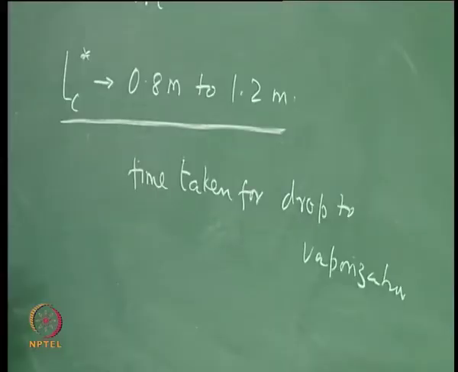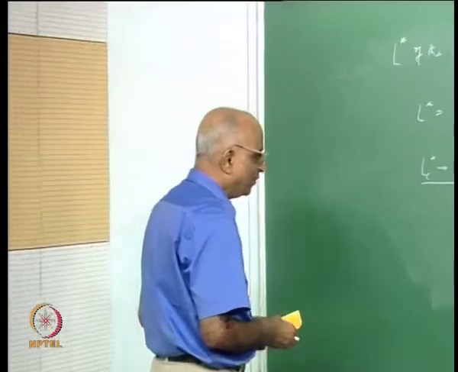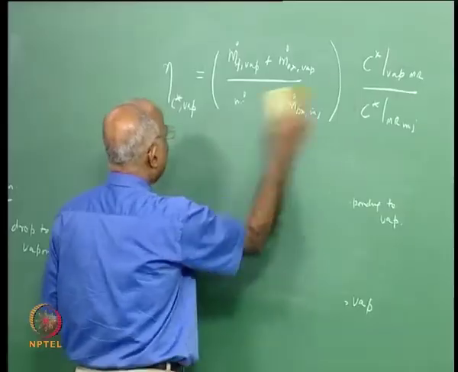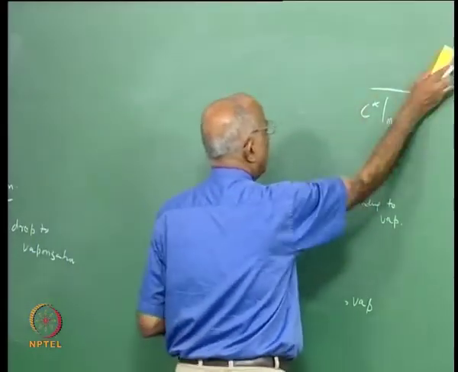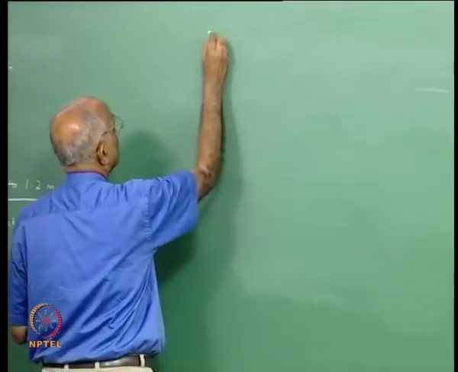An indication of residence time during which the combustion events could be completed. Therefore, let us do the last part, wherein we would also like to find out how do I estimate the time taken for burning to occur or time taken for evaporation to occur.